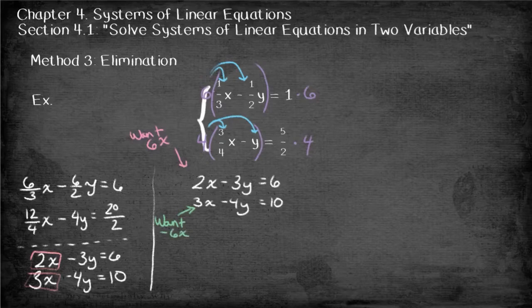So I have to think to myself, what can I multiply both equations by to get the appropriate coefficients? For the top equation, I multiply by 3. For the bottom equation, I'm going to have to multiply by negative 2 to make my x coefficient negative.